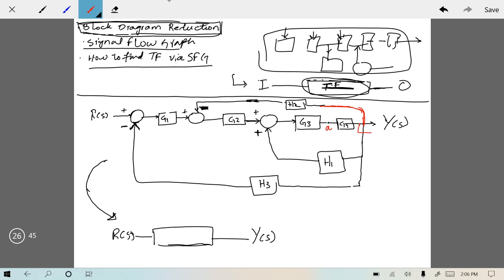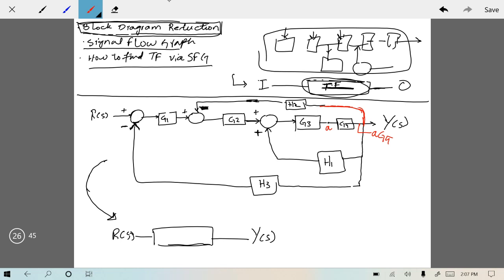Signal at this point would be A into G4. So this is not the same signal that we are picking up. Earlier we were picking up some signal A into H2. Now we are picking up a signal A into G4. So we have to make some compensation.